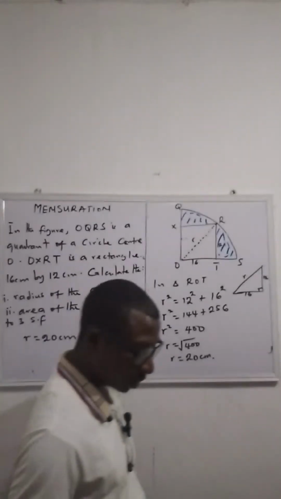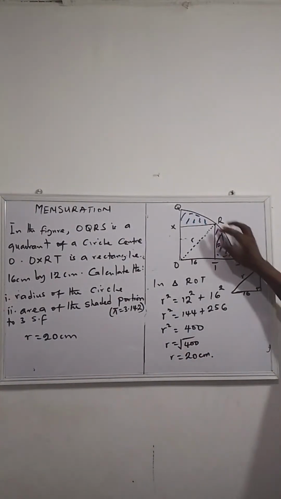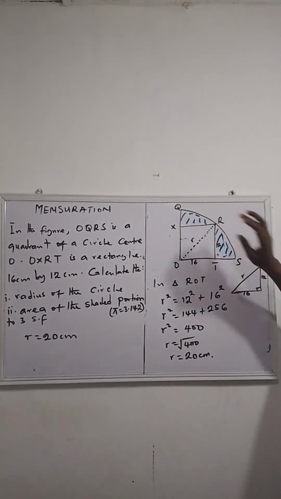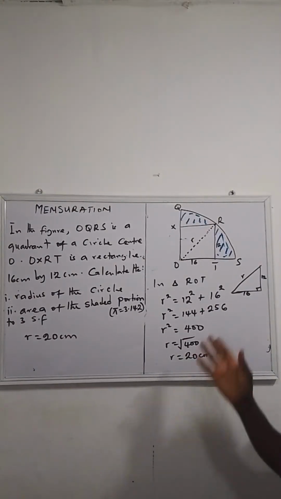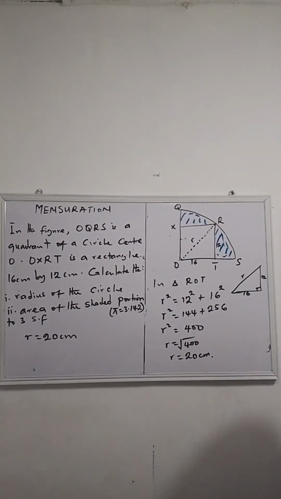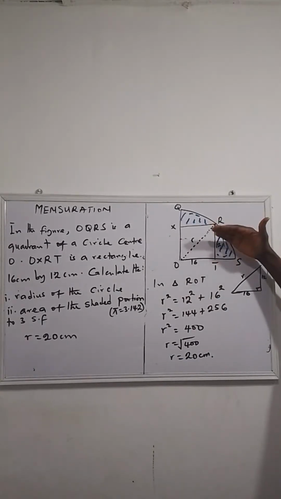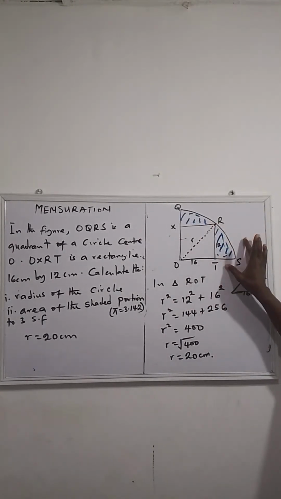Okay, so now the next question is to get the shaded region. Should I give you a minute to do that? To get the shaded region is very simple. I just need someone to tell me what I will do to get the shaded region. Now look at it, examine the diagram very well.